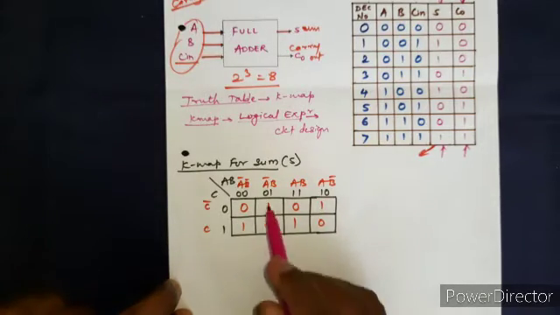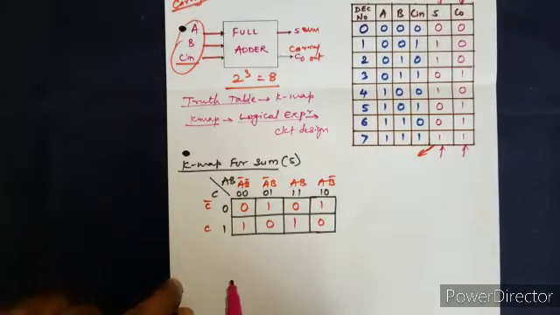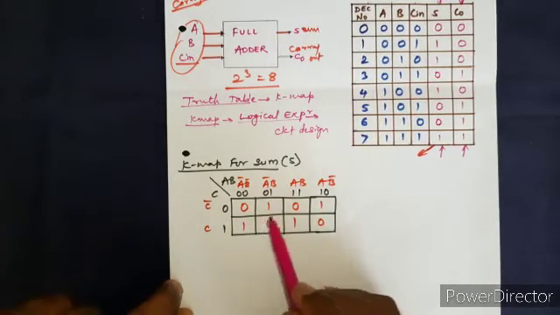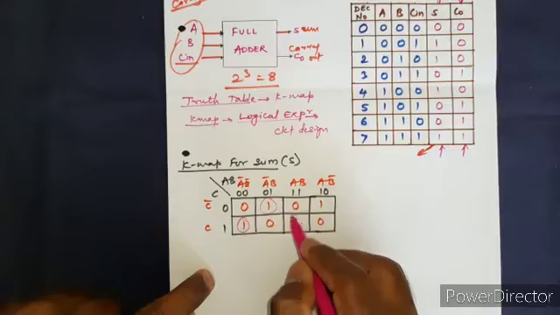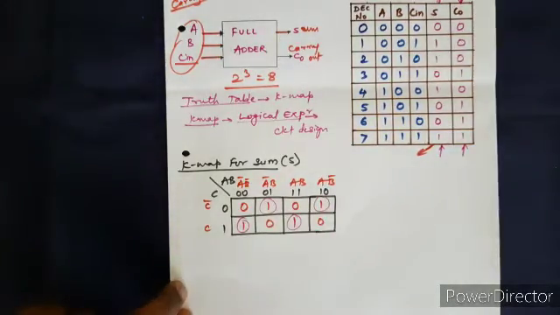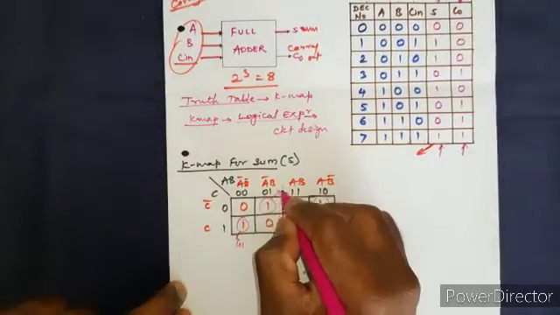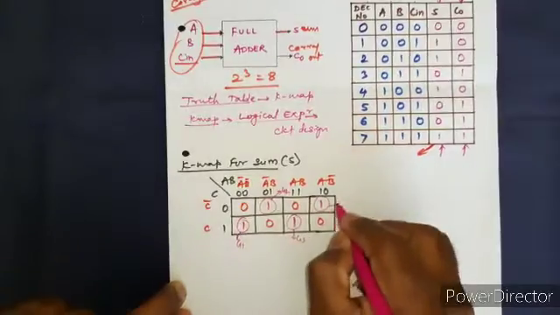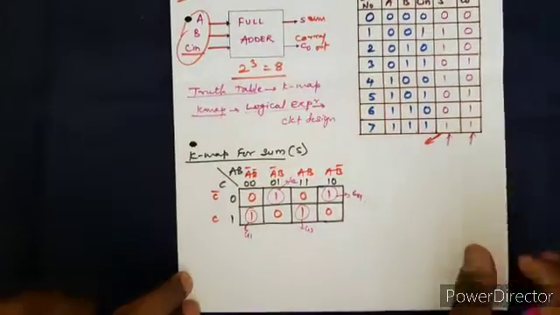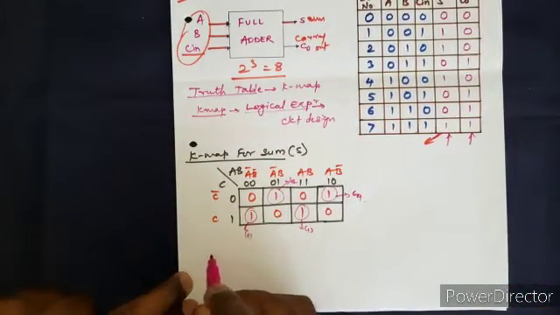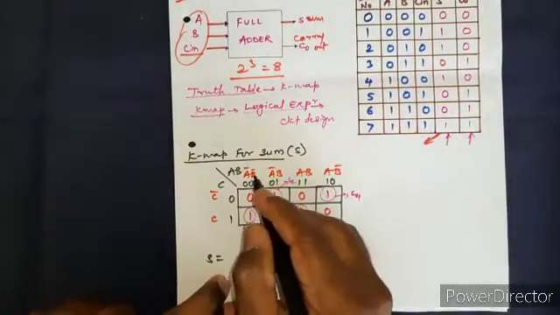There is no 1 present in the adjacent cells of any 1, so these will be individual groups. 1, 2, 3, 4. So 4 groups are formed here: group 1, group 2, group 3 and group 4. We can directly pick those values. So I can write S equal to, and group 1 is A bar B bar C.